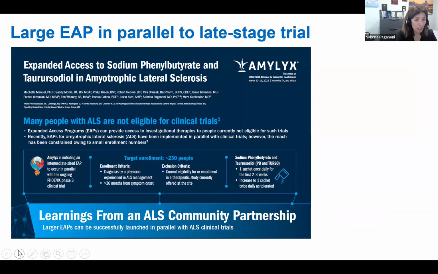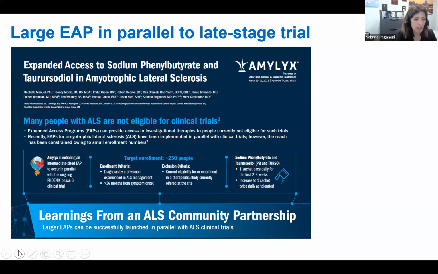Now, I do want to acknowledge Amylyx Pharmaceuticals. We are not the only ones at MGH that are doing EAPs, but Amylyx was ahead of the times once again, and they did start a large EAP in parallel to their late stage trial, as Dr. Timmons just described, that was started in 2022, early this year. And this is a screenshot from a poster that was presented at the MDA conference.